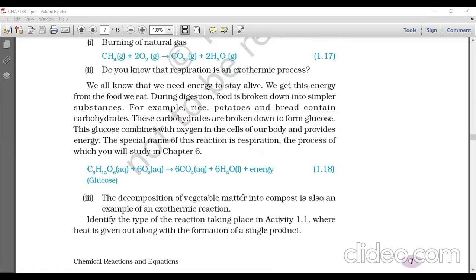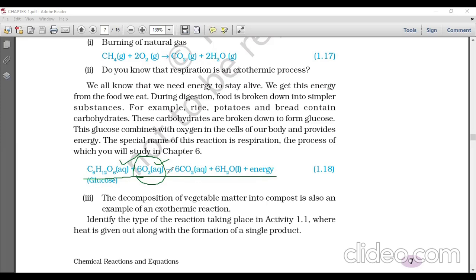Here, if you observe, the reaction is given: C6H12O6, very important. Please learn it and practice it many times. Glucose plus oxygen, which is dissolved in the blood and in the cells of our body, along with the glucose also dissolved in our body.